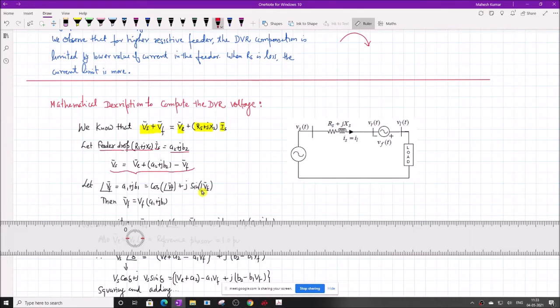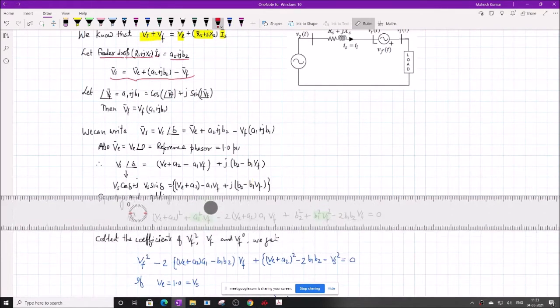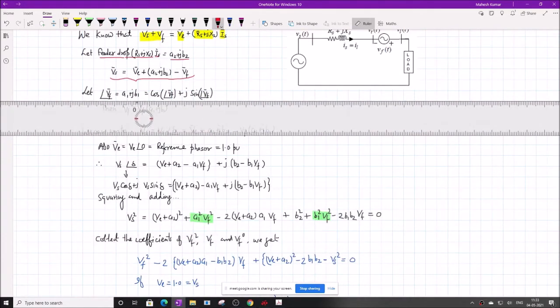We have taken Bf on this side. Now let Bf be A1 plus jB1, angle of Bf, because we have to solve for Bf, am I correct? And when we solve for Bf, it has two things. One is the magnitude and second is the angle, phi f.